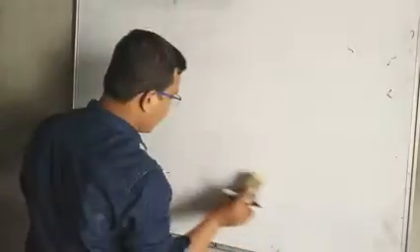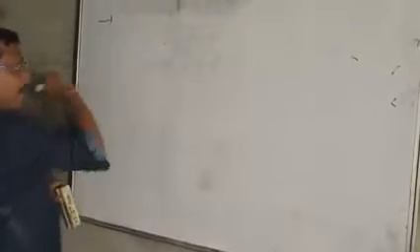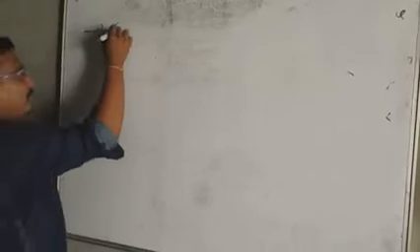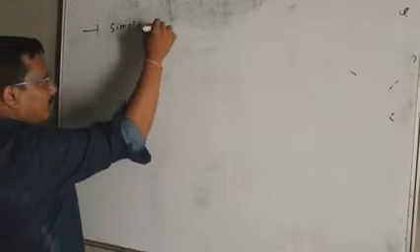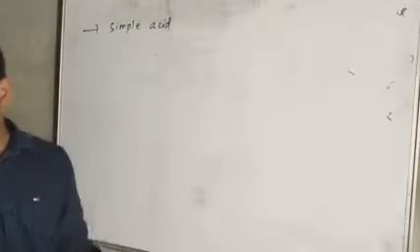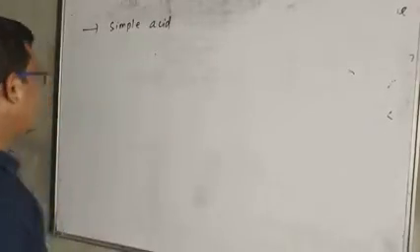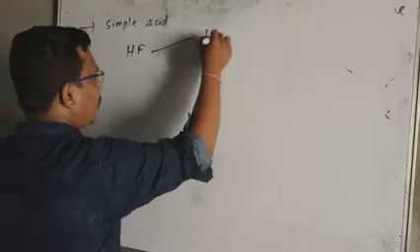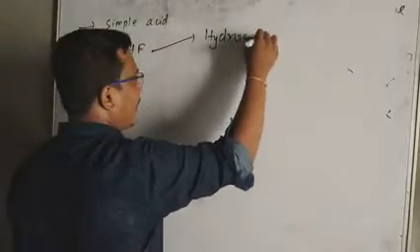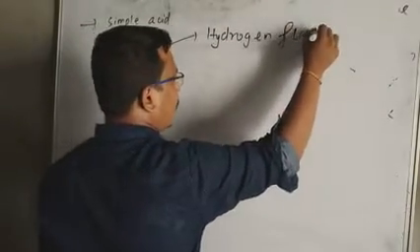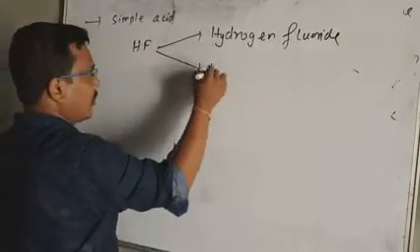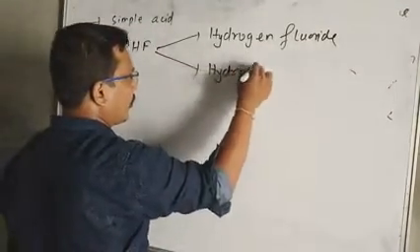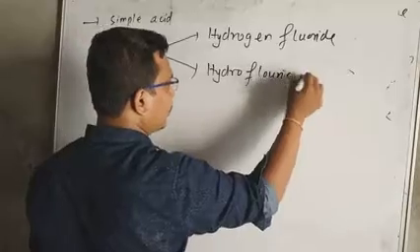Next point: if you think about simple acids, how can you name some simple acids? For example, HF has two names. One is hydrogen fluoride, another is hydrofluoric acid.